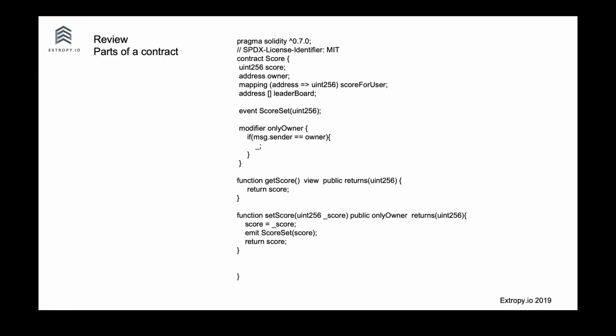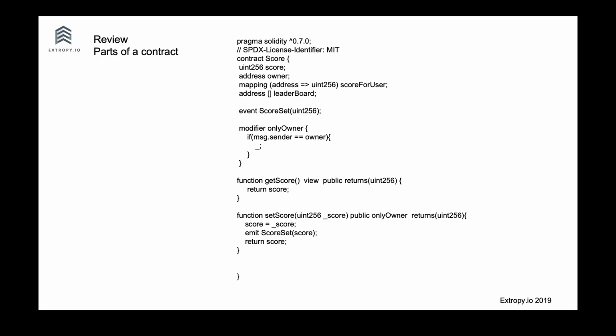What this effectively does is write a getter for the score. If you don't do that, then you will have to specify how people get the score from your contract. Now, if you call this variable private, this doesn't mean that this information is private in any way.